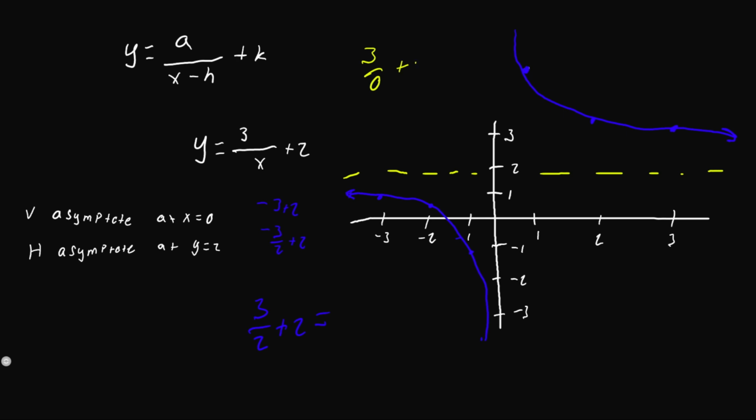So that would give us a vertical asymptote at x is equal to 0. So that is our shape for our hyperbola.